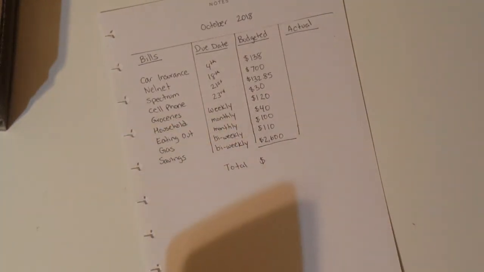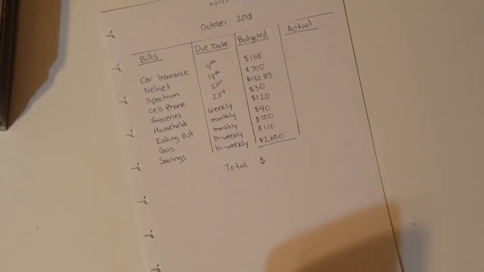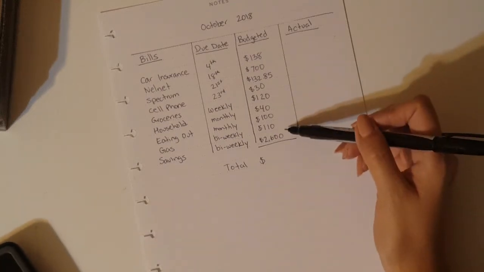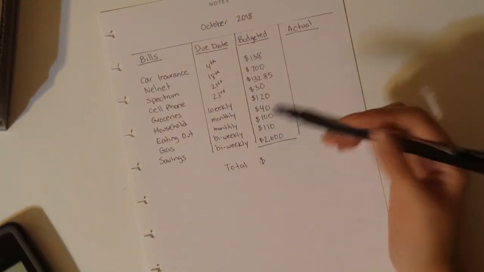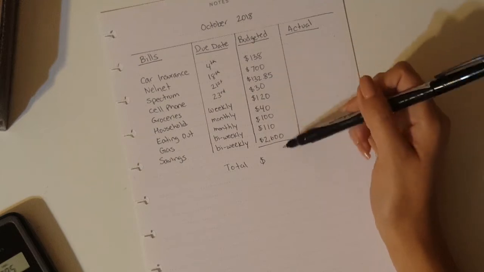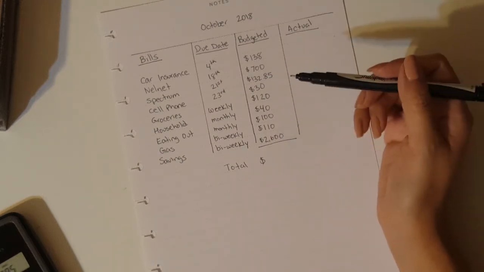Okay, so it's going to be 138 plus 700 plus 132.85 plus 30 plus 120 plus 40 plus 100 plus 110 plus 2,600. So, I mean, as you can see, my savings is really, really high, but the whole purpose of me living at home is to be able to save for home.